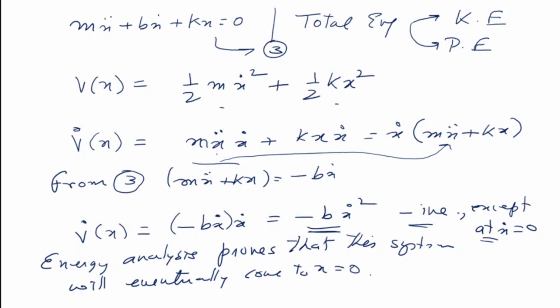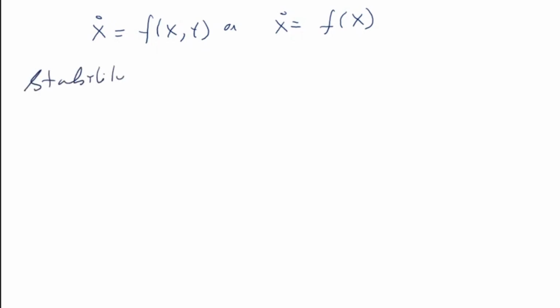Now, this is one way of looking at the stability of a nonlinear system. So for a nonlinear system of the type x dot is equal to f of x, t, or simply x dot is equal to f of x, the stability analysis is performed at equilibrium points.